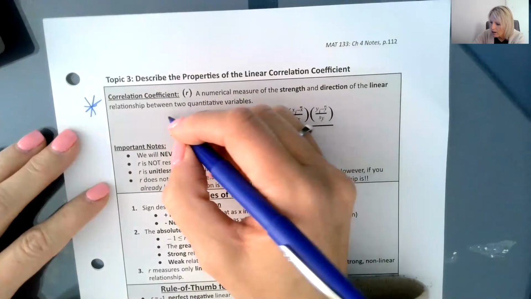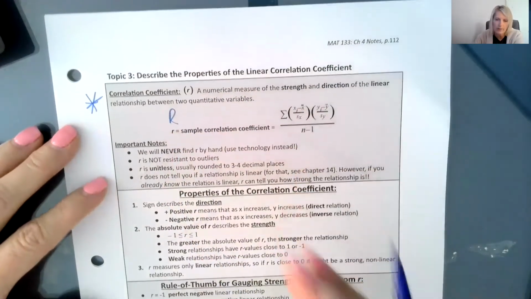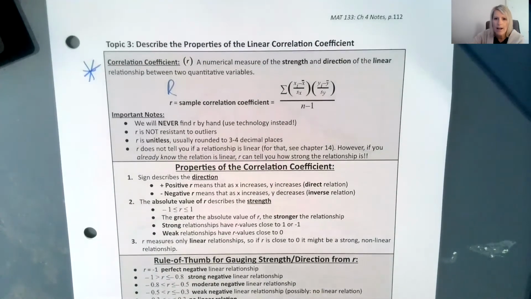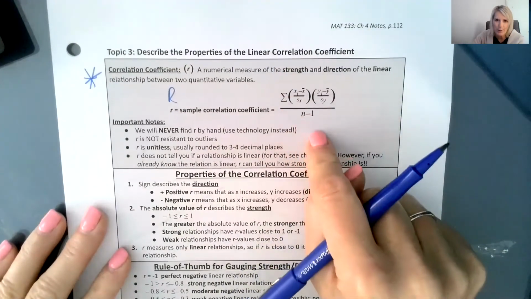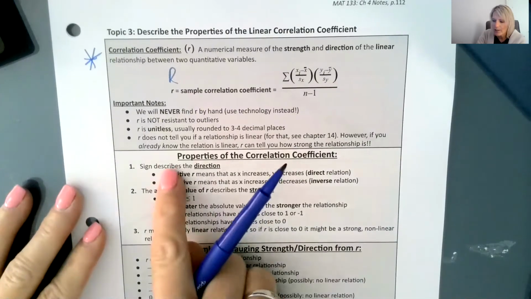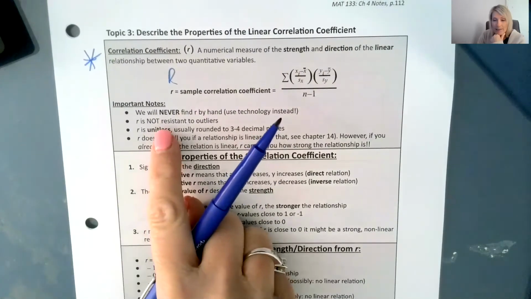And they show it as a little r, but it's actually always shown as a big R for some reason in StatCrunch and under TI-84. We're never going to have to calculate this. This is just showing you how it's calculated. But R is a numerical measure that's going to tell us the direction and the strength. So we don't have to worry about just looking at the picture and making a decision. Again, we're never going to have to calculate this. It's not resistant to outliers.